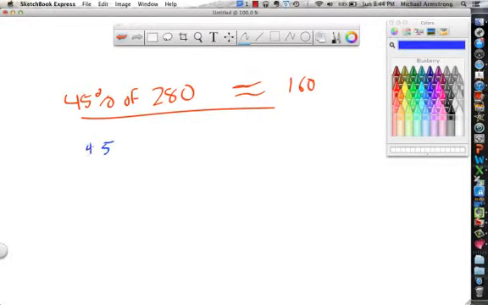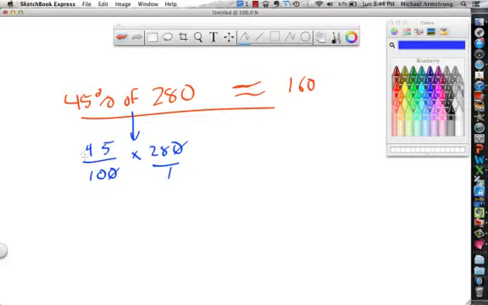You can go 45 over 100 of, and "of" always means times. That's a pretty good start. We could figure out that 280 over 100 is the same as 28 over 10. Then we could just start simplifying using what we know.